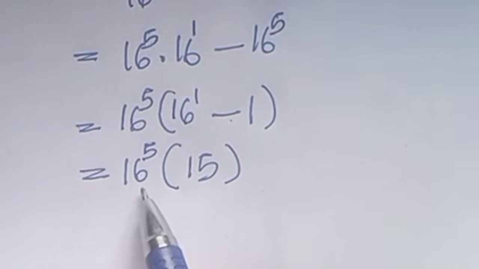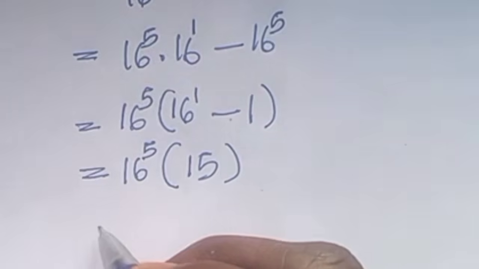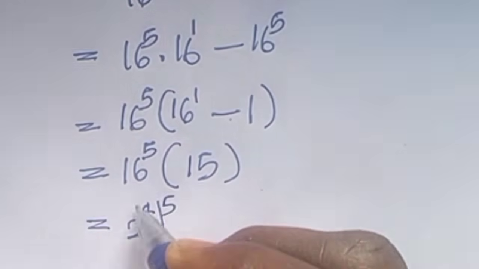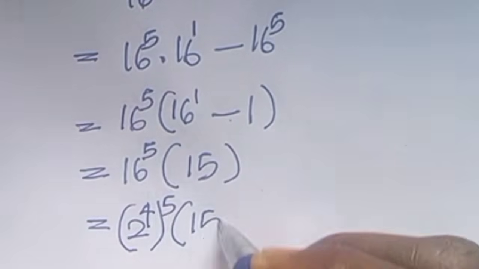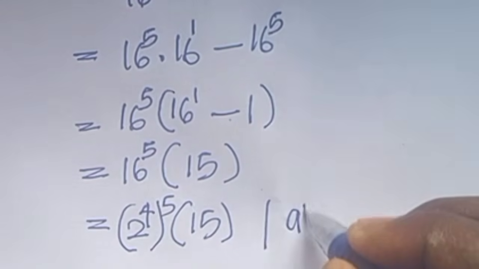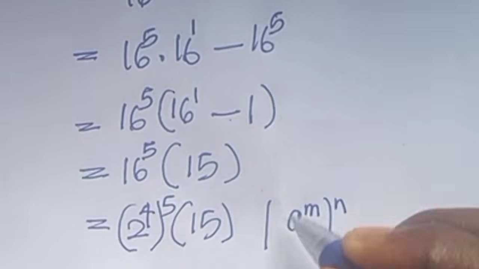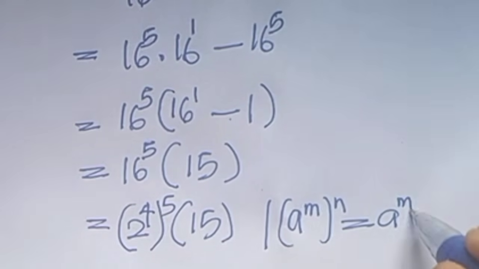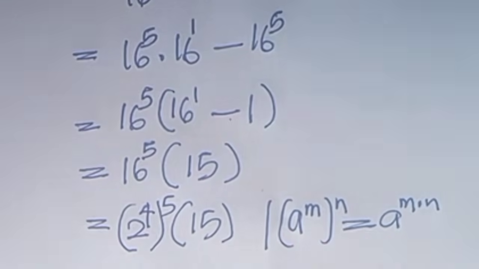Or 16 can be written as 2 to the power of 4, so that 2 to the power of 4 will be to the power of 5 times 15. And again, when we have a to the power of m to the power of n, it can be represented as a to the power of m times n.